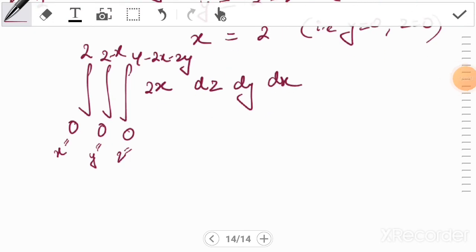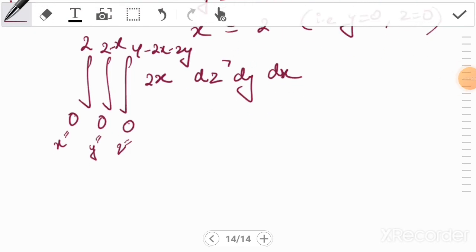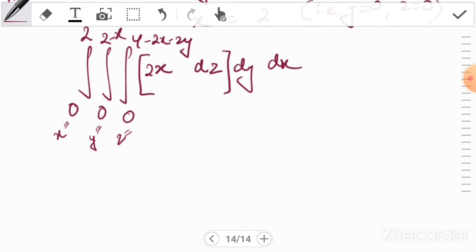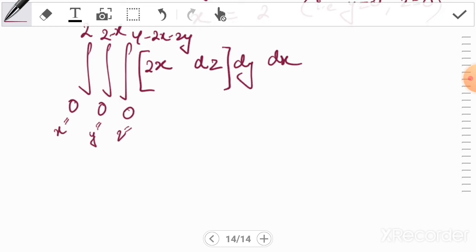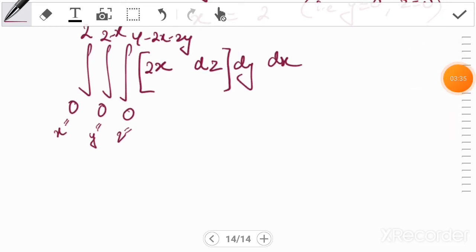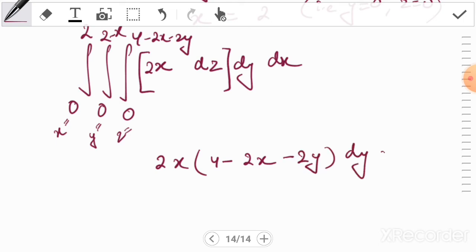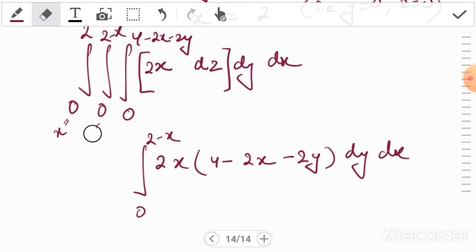While evaluating, assume the other two variables as constant, and then you will have 2xz, where z is 4 minus 2x minus 2y, dy dx, y from 0 to 2 minus x, x from 0 to 2.